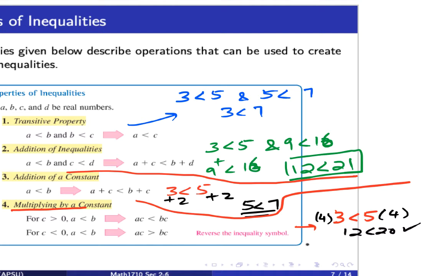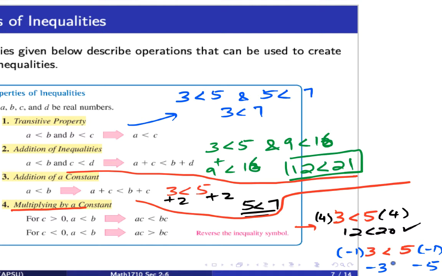But on the other hand, if I multiply this inequality by a negative number, look what happens. Say 3 less than 5. Now we're going to multiply by a negative number on both sides. Very simple negative number, minus 1. What do you get? Minus 3 and minus 5. Now clearly minus 3 is not less than minus 5.